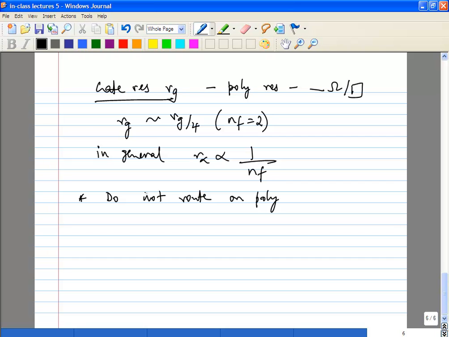But at some level, you can play around with the timing at a higher level. So for standard cell gates, people do route on poly because they want to make it extremely compact. If you want to cram in a million gates, and each one is just a little bit larger, it will just grow quite a lot. But in analog layouts, never route on poly.